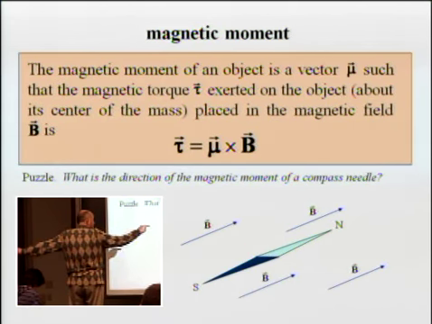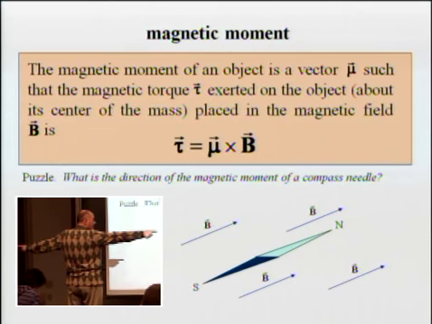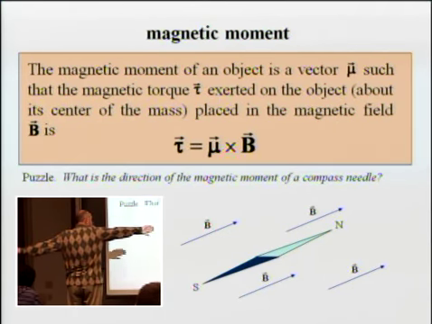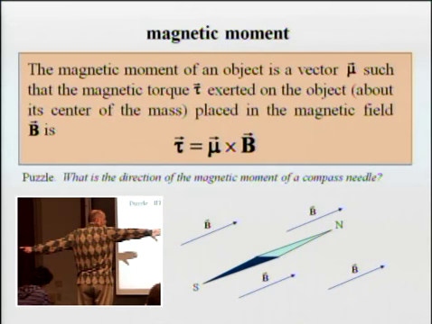Yeah, so now, if magnetic moment were aligned with the field, well, the vector product of magnetic moment, which is in this direction, and magnetic field, which is in this direction, results in a downward product. So torque is downward. What will the needle do then?